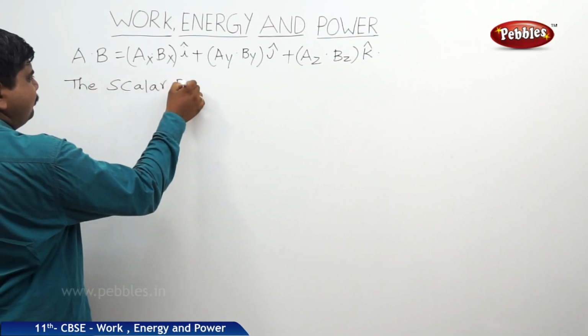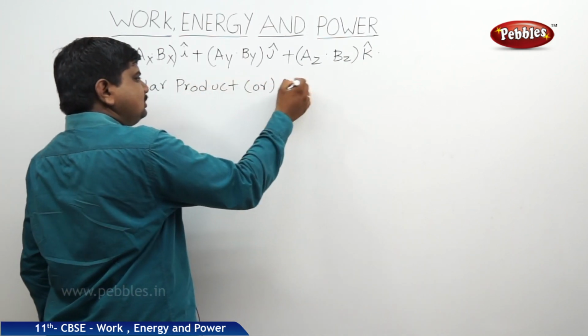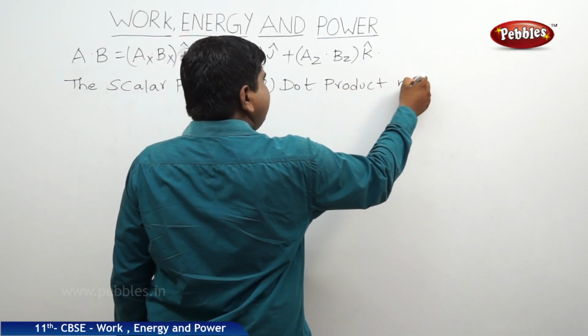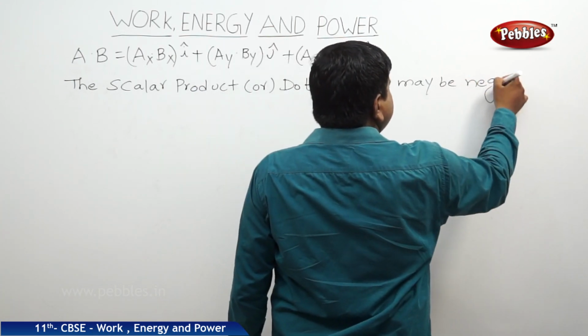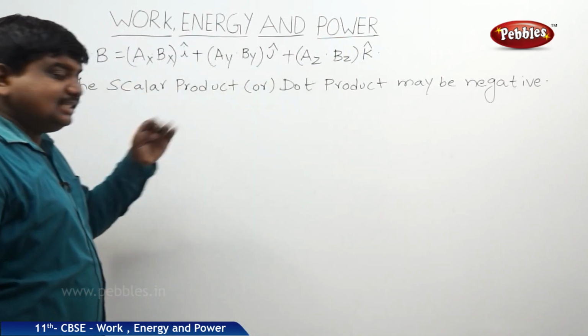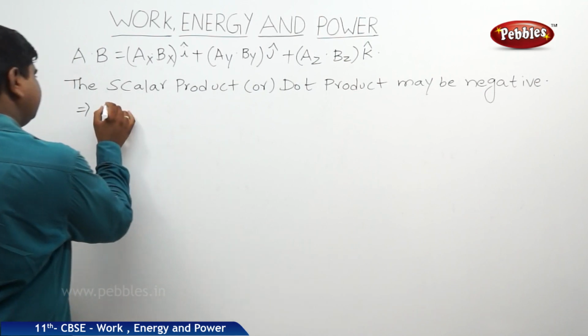So the scalar product or dot product may be negative. When is it negative? If two vectors are anti-parallel to each other.